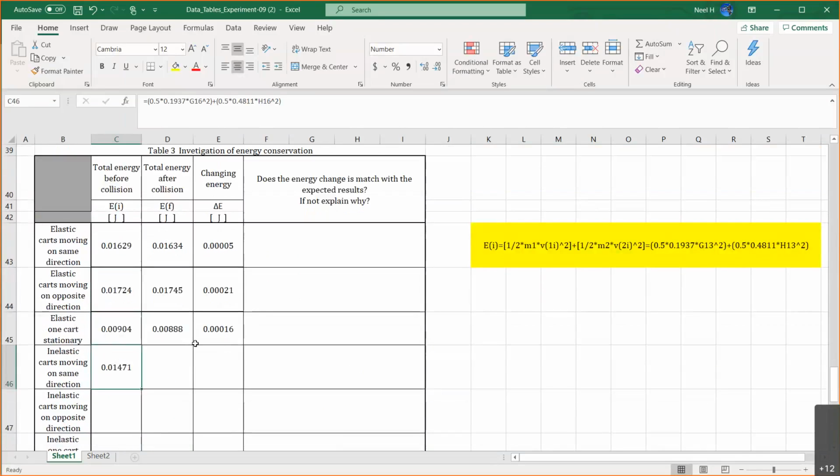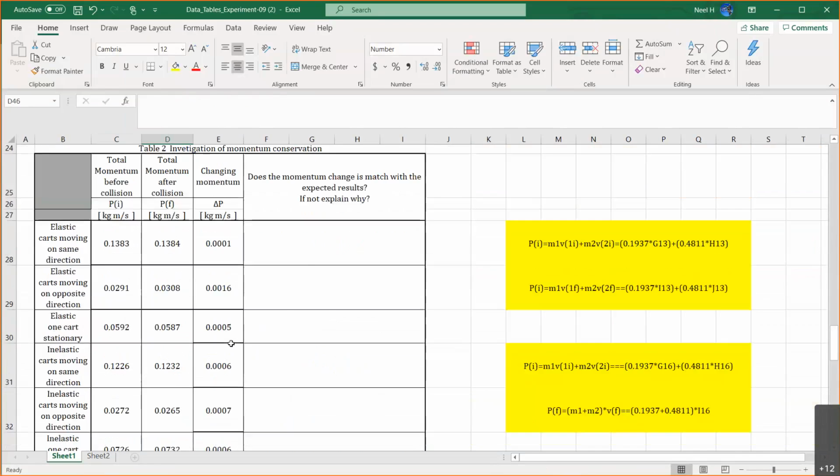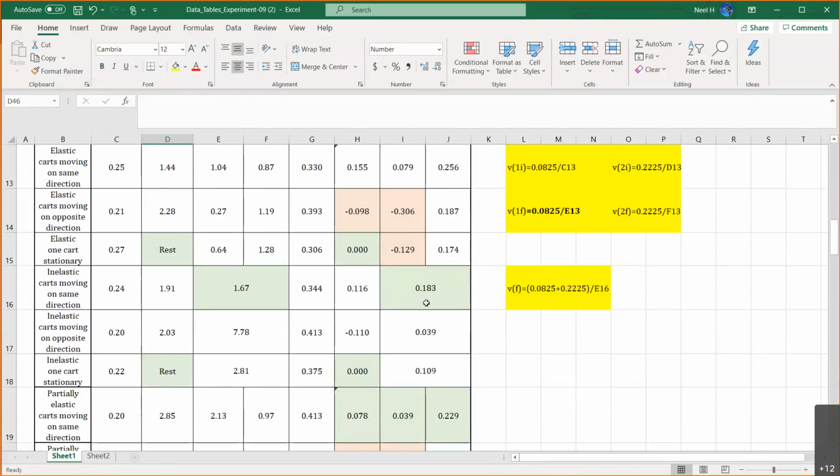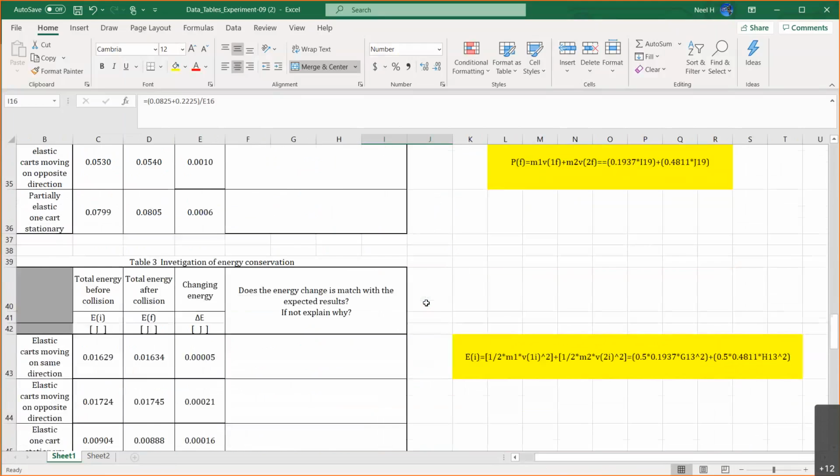Let's do the next one. Now this is the same as the previous. Actually, you can even click and drag; I think it will do that part correctly. But the only thing you can't click and drag is the final, because the final in the next case is different. You remember the final velocity is actually the same for both objects, so I can't click and drag. I have to do that calculation.